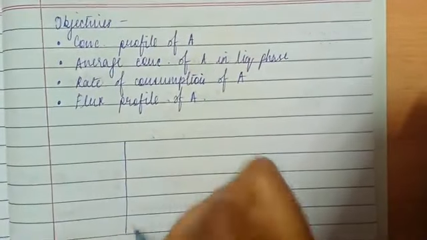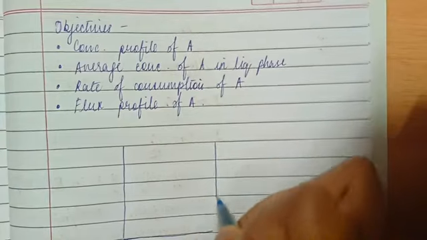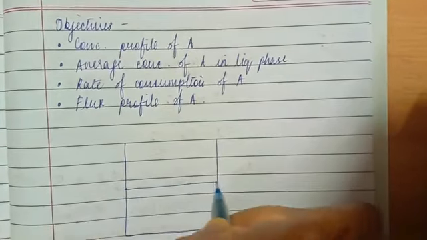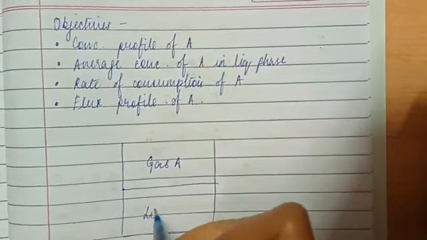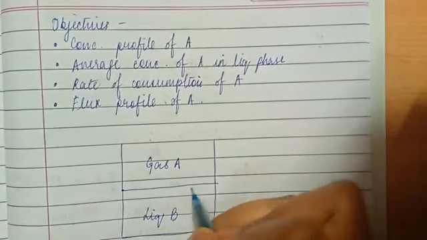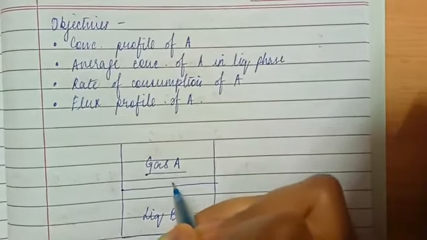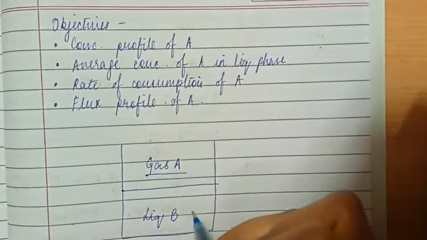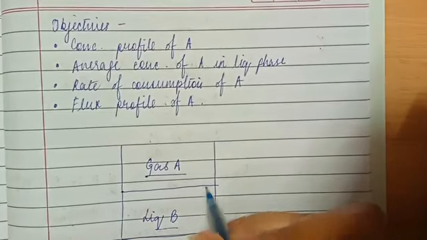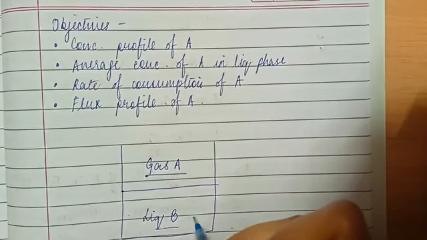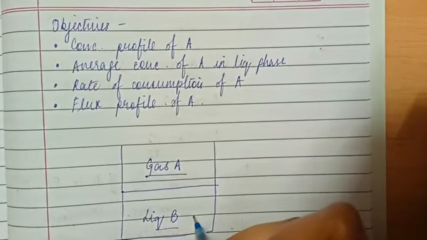So, the given system was of a beaker where we had a gas A and a liquid layer B. The gas A was diffusing into the liquid layer B, which was stagnant, and the A gas diffuses isothermally into the liquid phase.